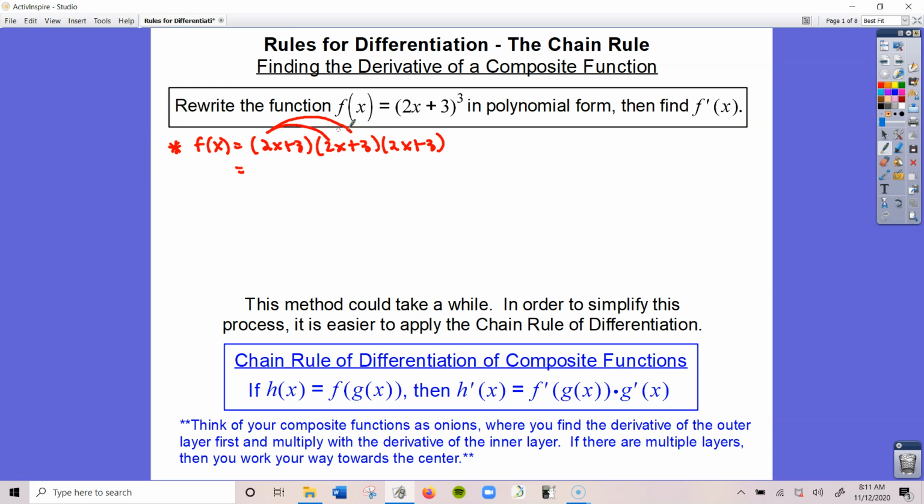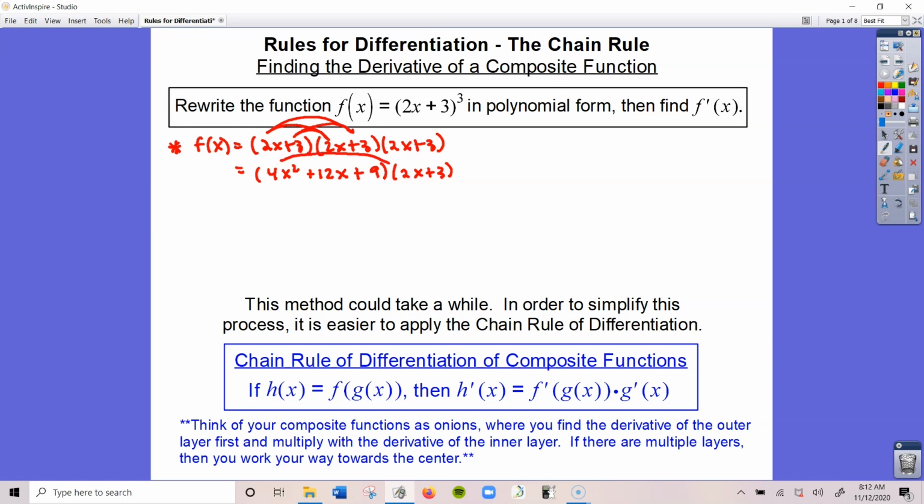I'm going to FOIL these two binomials first, which would give us 4x squared plus 6x plus another 6x, which is plus 12x plus 9. And now we're going to distribute that with 2x plus 3.